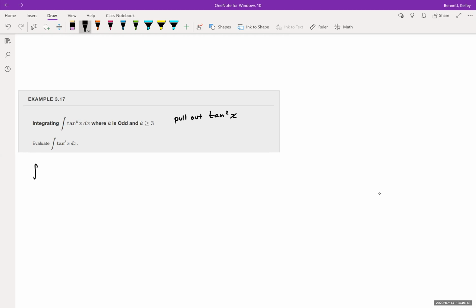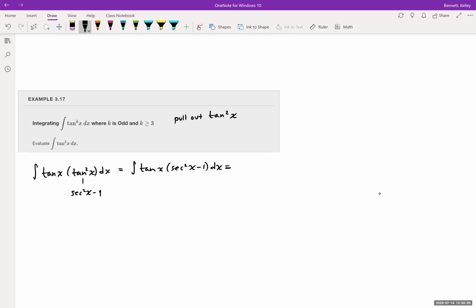So this is going to become tangent x times tangent squared x dx, and then this becomes secant squared x minus 1. So what I get is tan x times secant squared x minus 1 dx.